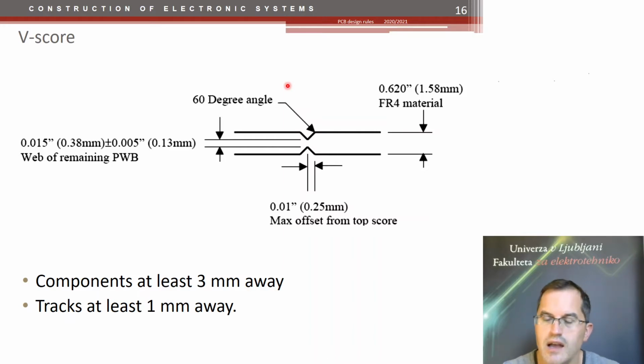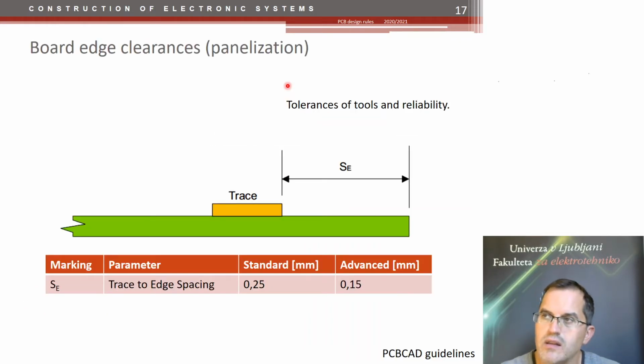Again, here the solder mask is exposed, and when you cut it, you can also damage the solder mask. So I just took one value from one manufacturer, that your trace should be at least 0.2 millimeters away from the edges, but I would say it's quite close.